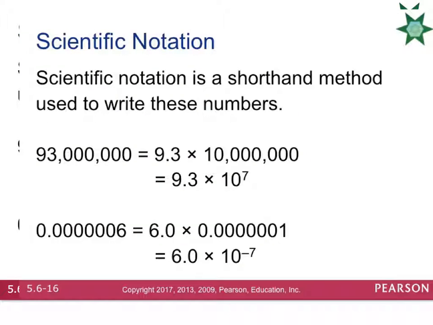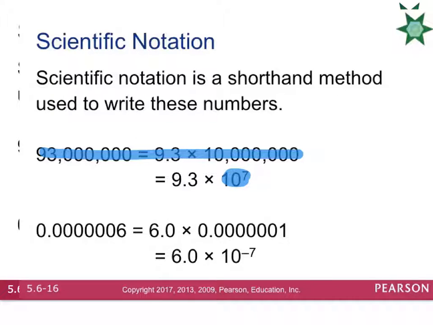Okay, so for example, we can write 93 million as 9.3 times 10 million. And then we can write that 10 million as 10 to the 7th. If you think about how we write powers of 10, if you have a number like 10 million, just count the zeros, 1, 2, 3, 4, 5, 6, 7, and we can write it as 10 to the 7th.